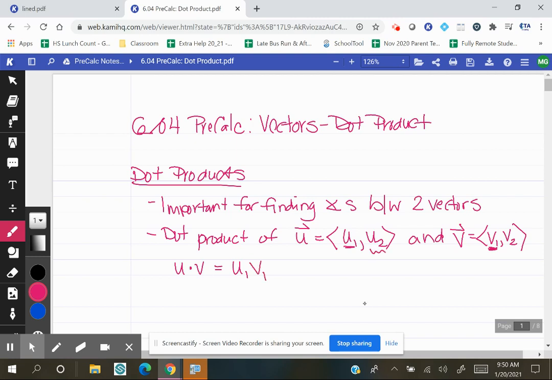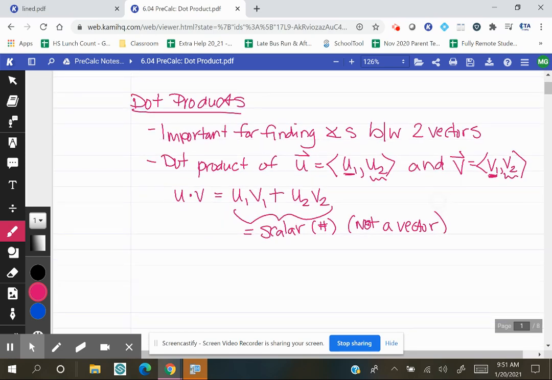And then we're going to take u sub 2 times v sub 2 and add it to that. So we multiply the first components together, u1 times v1, plus u sub 2 times v sub 2. And what's kind of cool here is that it actually gives us a scalar quantity, so a number as opposed to another vector. It does not give you another vector, it gives you a scalar quantity, so just a number.